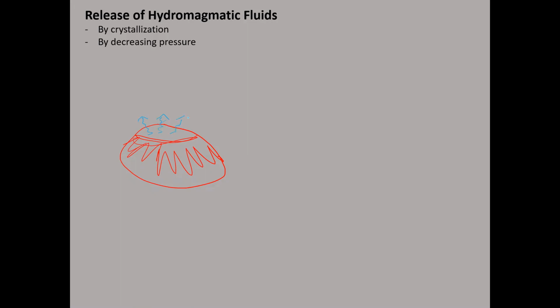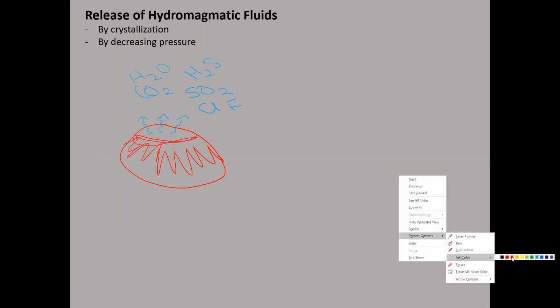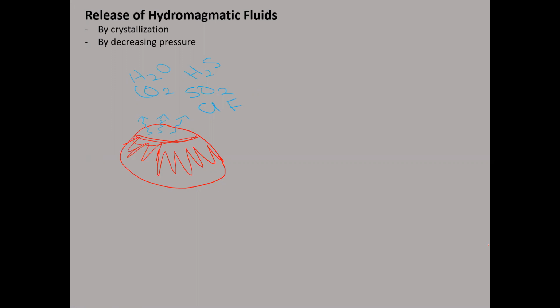Okay, and again, these can be things like water, carbon dioxide, CO2. It can be things like H2S, SO2, or even chlorine and fluorine. Okay, so these are just some of our fluids that we see being released from a magma chamber. Okay, so that's our crystallization scenario, right?